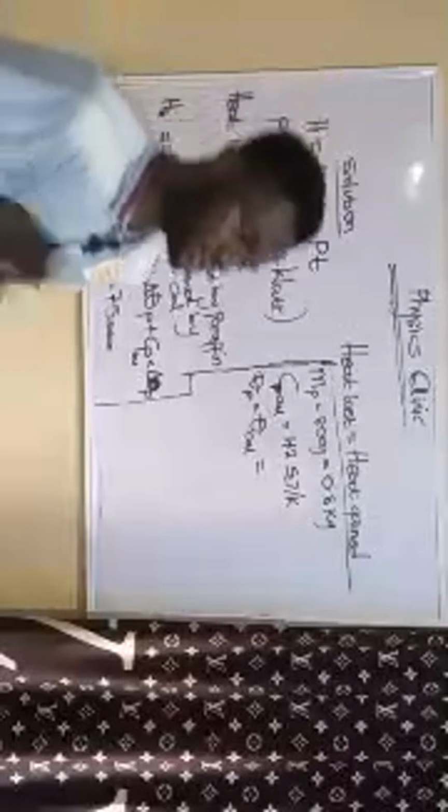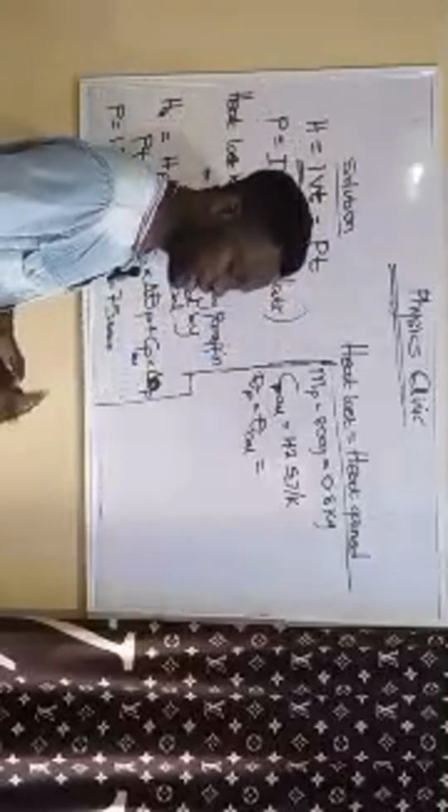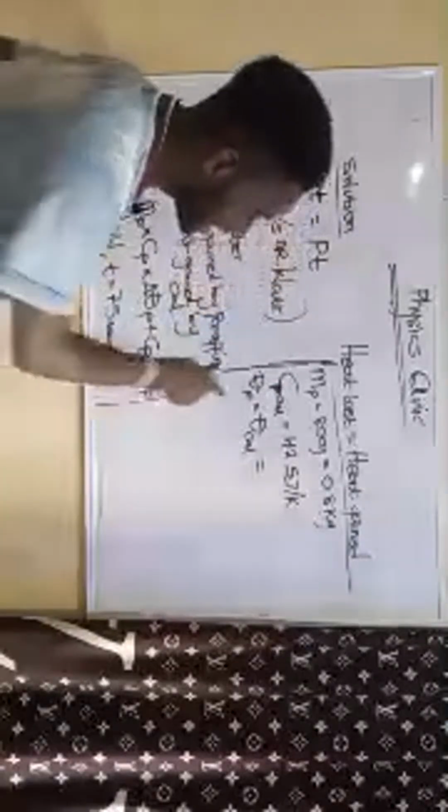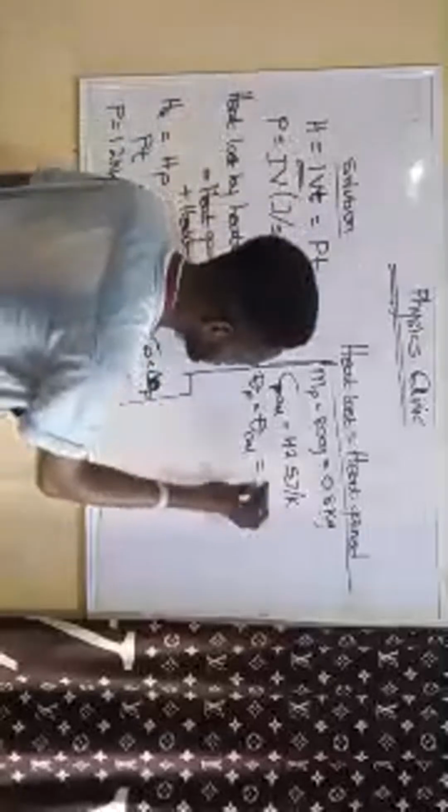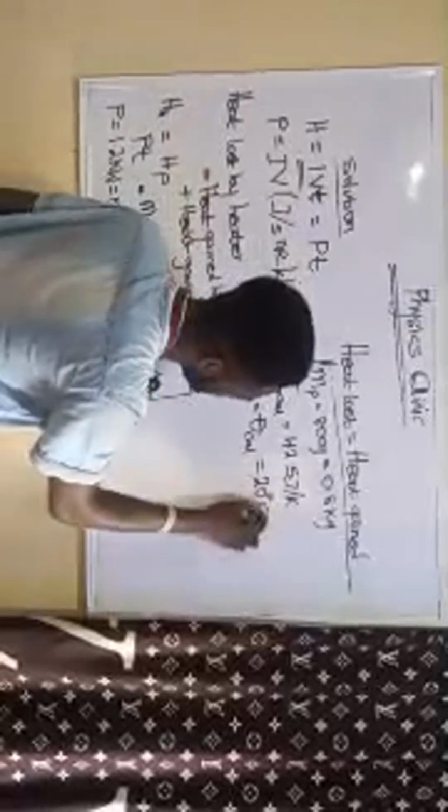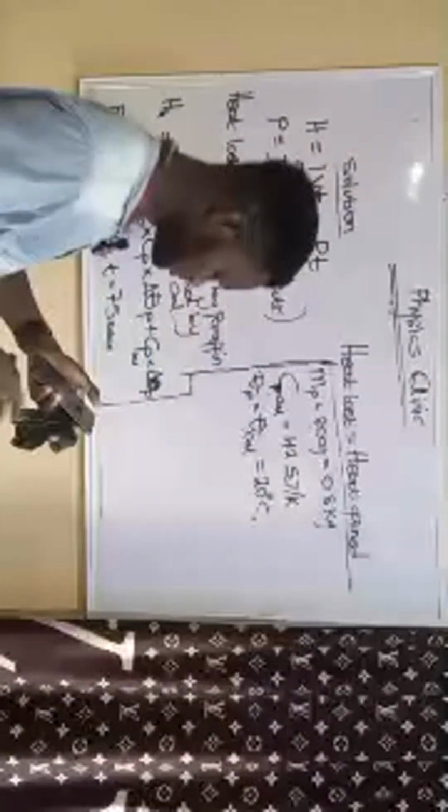If I put paraffin inside a calorimeter, I assume that the paraffin and the calorimeter are at the same temperature. So their initial temperature in this question is 20 degrees Celsius. Then their final temperature will also be the same.